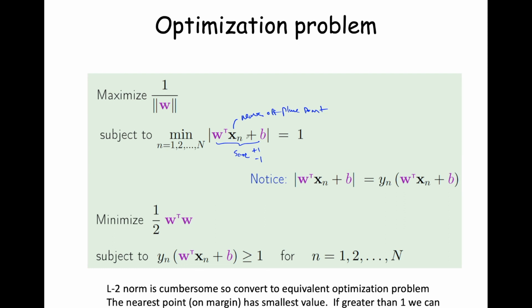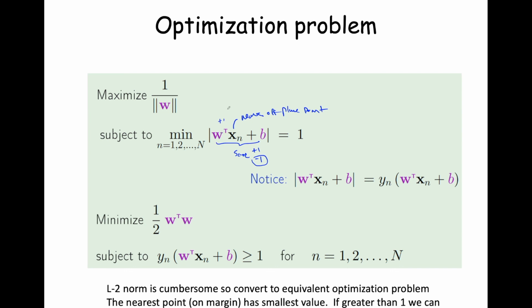So what does this mean? Well, if this point, ground truth, is a positive example, this score will be positive 1, and we take the magnitude, and that'll be 1. If this point is a negative example, its score will be minus 1. And so what does this mean? If this expression is a positive 1, and the ground truth label is positive 1, then we multiply the score times the label, and it's going to be positive.